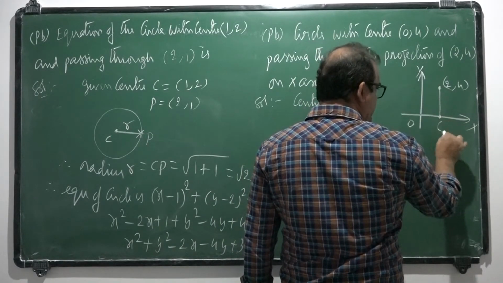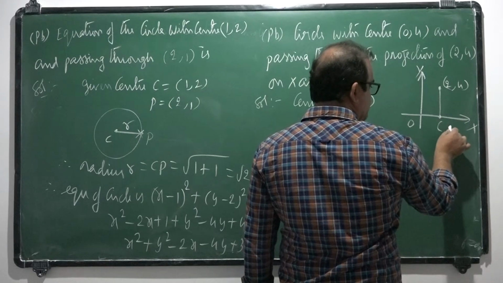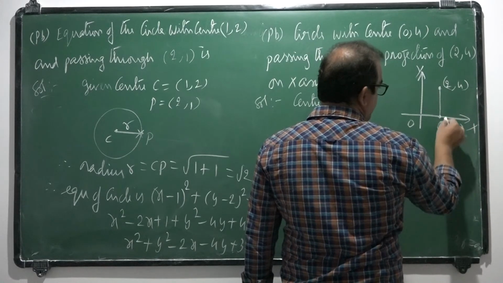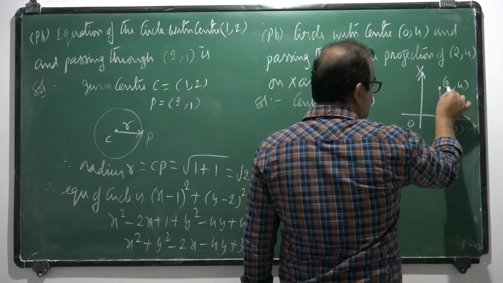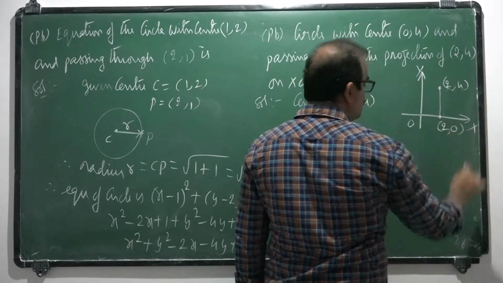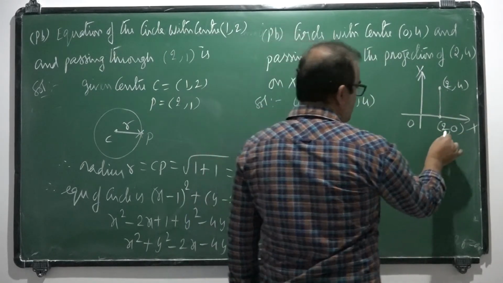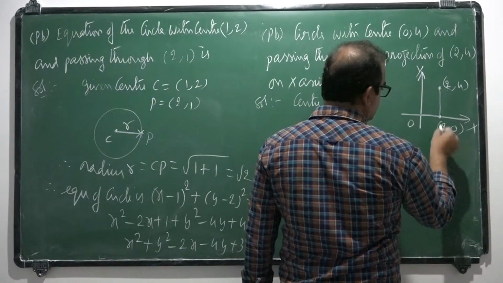Clearly this is a point on the x-axis. On the x-axis the y coordinate is 0 and the x coordinate is the same, 2. So the projection is (2, 0).